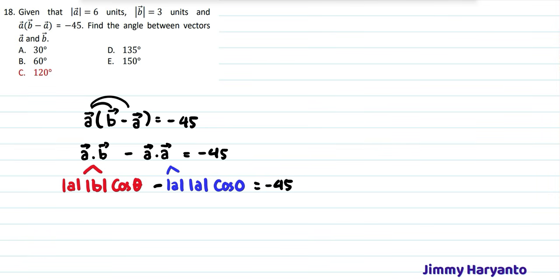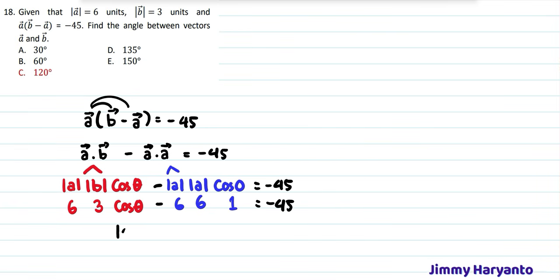And then let's input. The value of A is 6, the value of B is 3. We have to find the theta, I guess. Yeah, find the angle. Minus, this one is 6, this one is 6, this one is 1, equals to negative 45. Let's calculate this. We will have 18 cos theta minus 36 equals to negative 45.